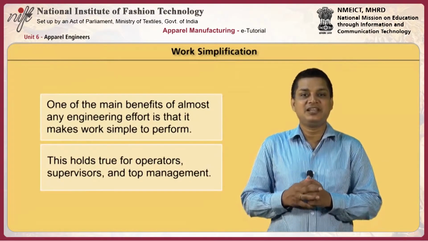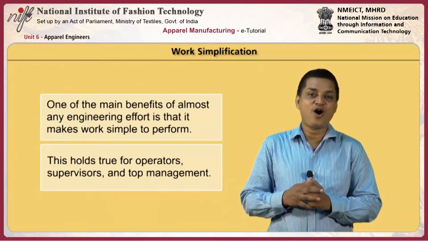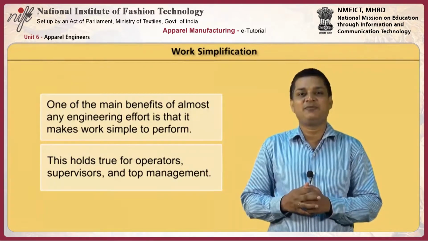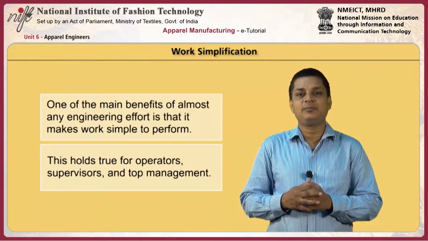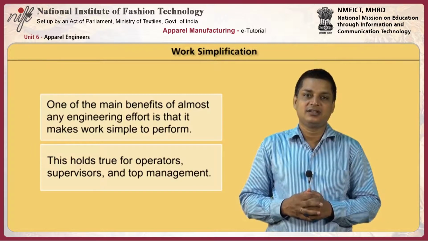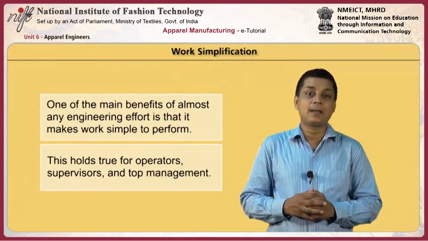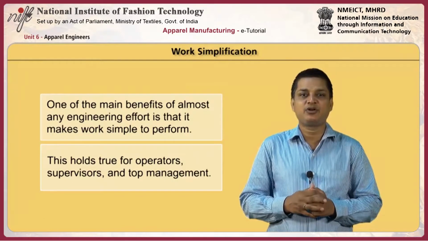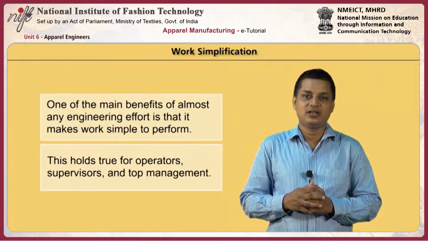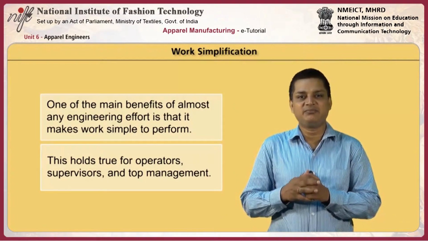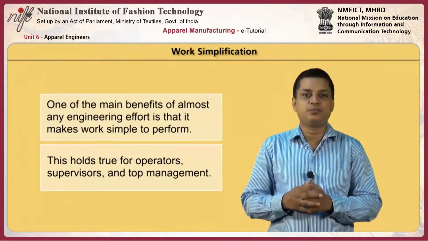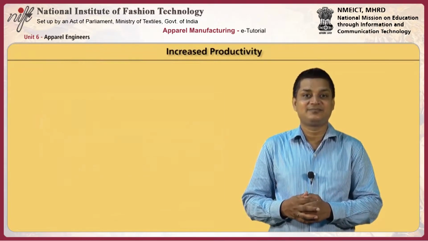Do not be misled into thinking, however, that work simplification means people will be doing less work. They may in fact do more work but within the same amount of time as before. Because work has been simplified, people's ability to produce is increased.